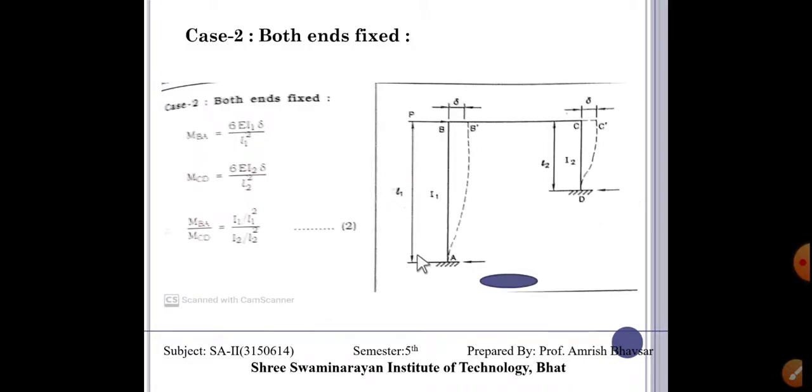Now, if both ends are fixed, then the moment from B to A is equal to 6 EI delta upon L square, and here again 6 EI delta upon L square. But I is different and length is different, and we can get the value for the ratio.